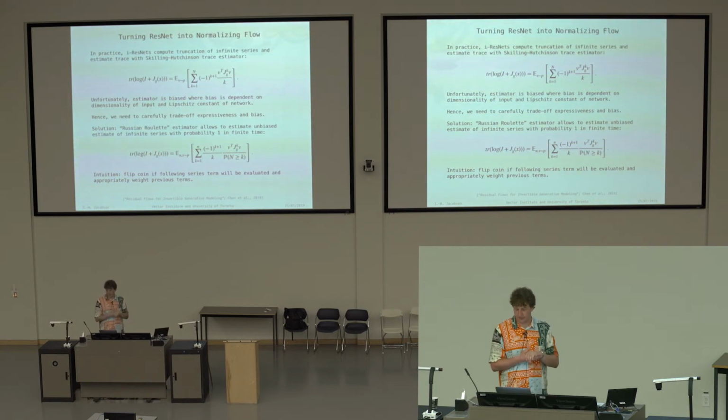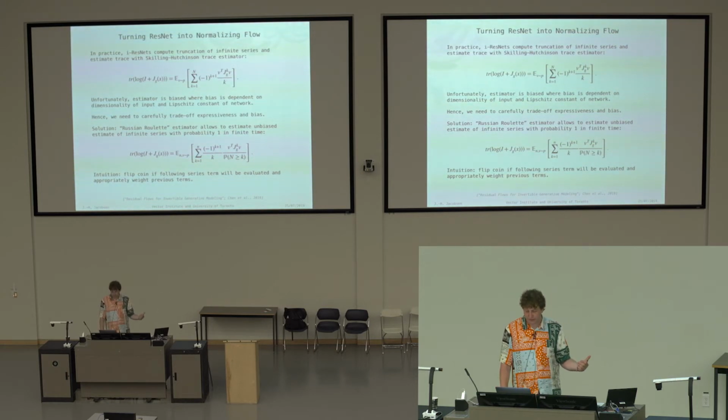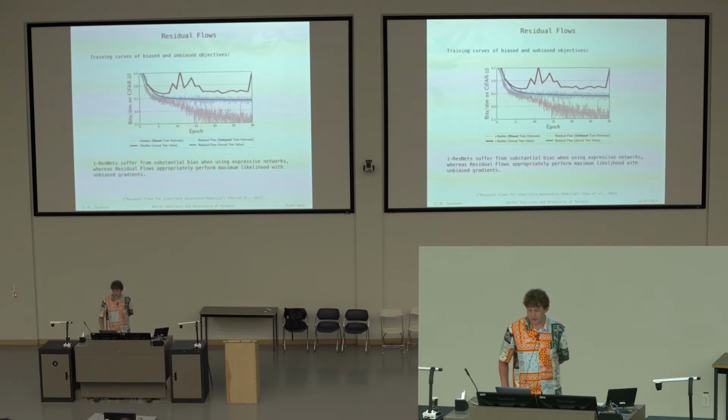The intuition is that you flip a coin to decide whether the following series terms will be evaluated, and appropriately weigh the previous terms. So now we have an efficient unbiased estimator that can be evaluated in finite time and can train standard ResNets as normalizing flows.